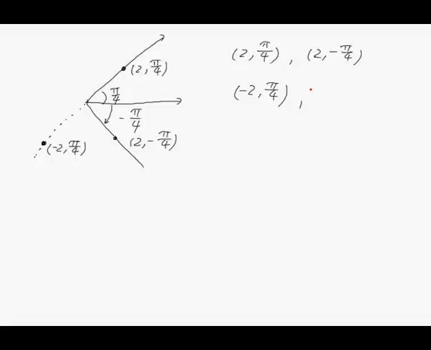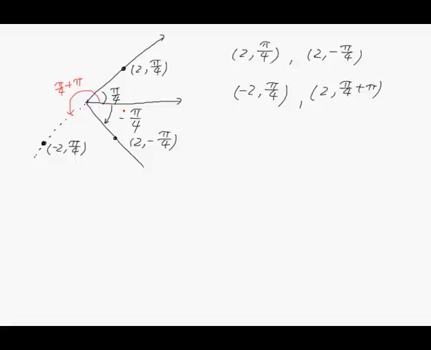Now, how about 2 and pi over 4 plus pi? And we know actually this angle is just the pi over 4 plus pi, right? So this is the pi over 4 plus pi.